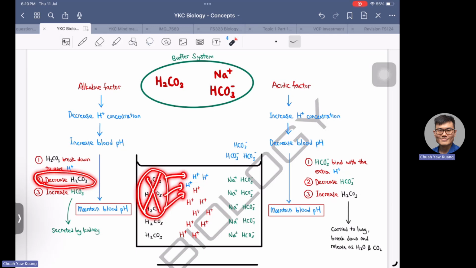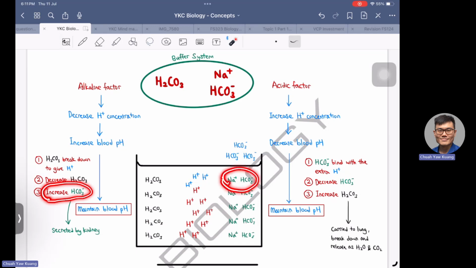So the total number of carbonic acid will be reducing. At the same time, it is going to produce the extra bicarbonate ion. That means that it is going to increase the bicarbonate ion. In other words, it's going to increase the sodium bicarbonate in the blood.